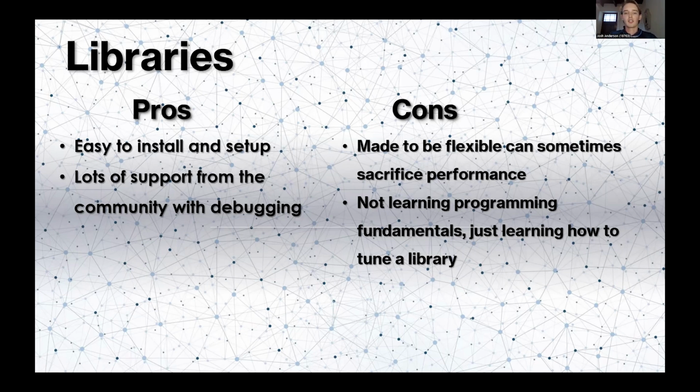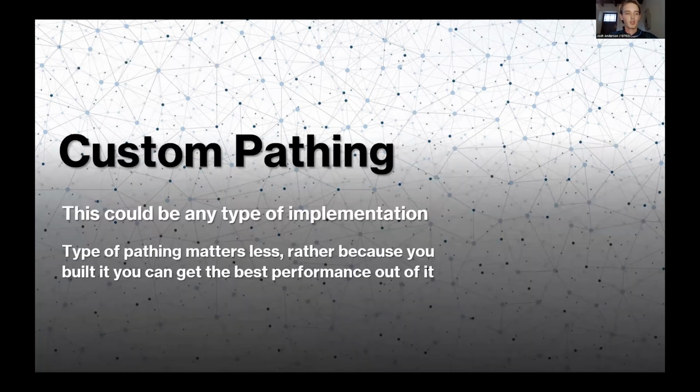Like I'm saying here on the slide, you're not learning programming fundamentals, you're just learning how to tune a library. So you're going to learn a lot more when building a custom pathing system. So yeah, now I want to go into custom pathing, the pros, a few steps on what it would be to implement it, and then finish with what makes sense going forward for you as your team.